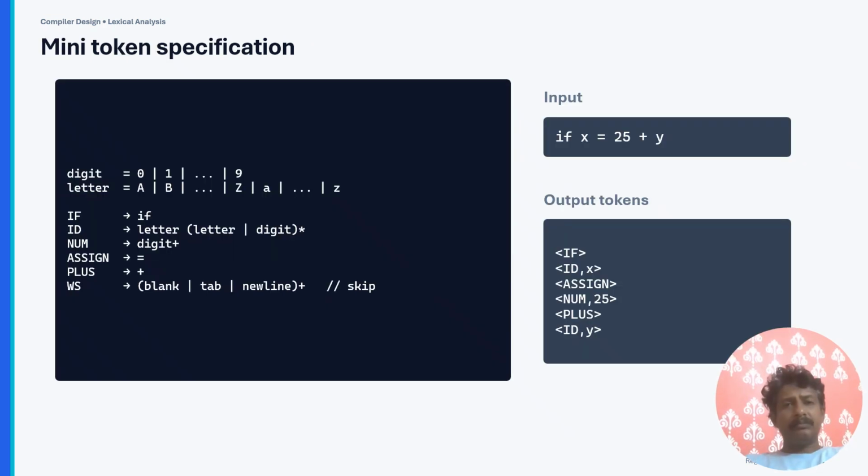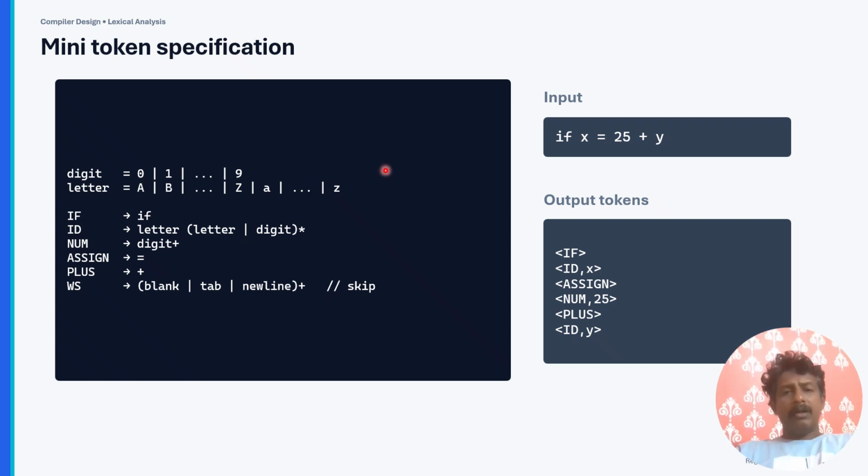And here, this is the main token representation. First, we write regular definitions for digit and letter. Then we write token rules. If represents the keyword if. ID represents identifiers, num represents numbers, assign represents the assignment equal sign, plus represents the plus symbol. WS represents white space such as blank, tab, or new line.